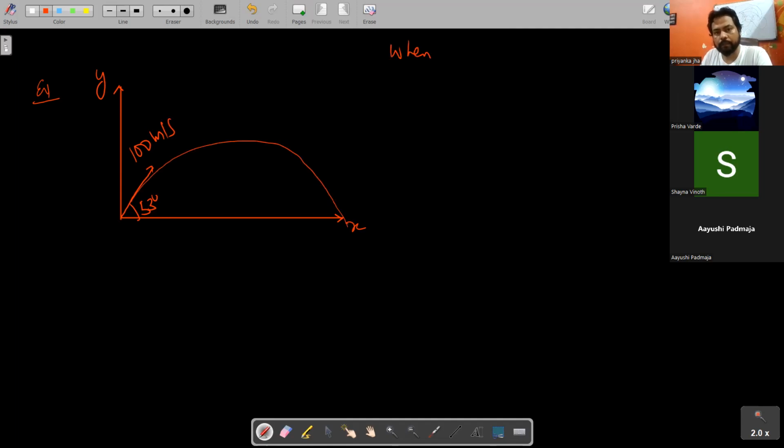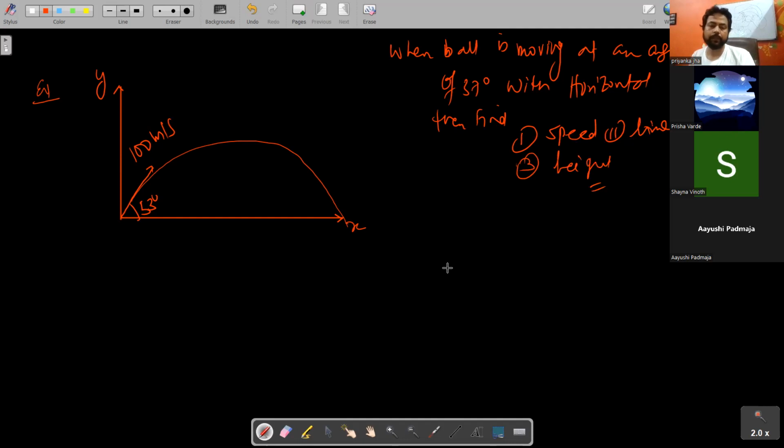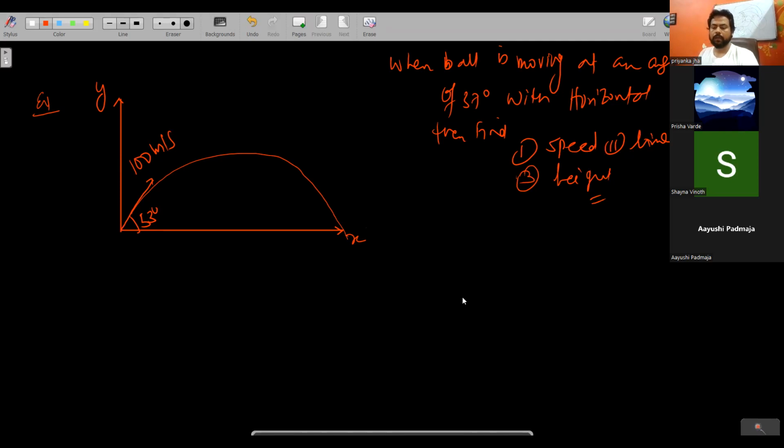Now we have to find, when the ball is moving at an angle of 37 degree with horizontal, first the speed, second the time it will take to get there, and the height. I'm giving you 5 minutes.